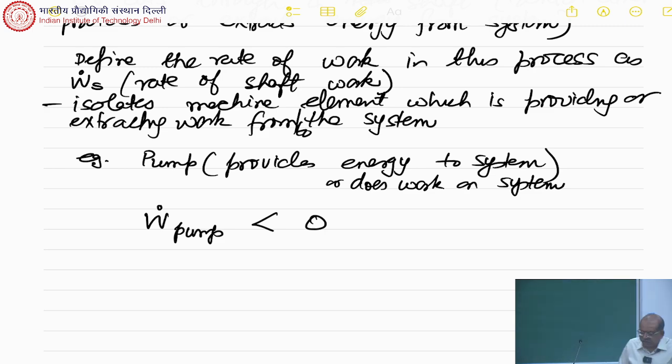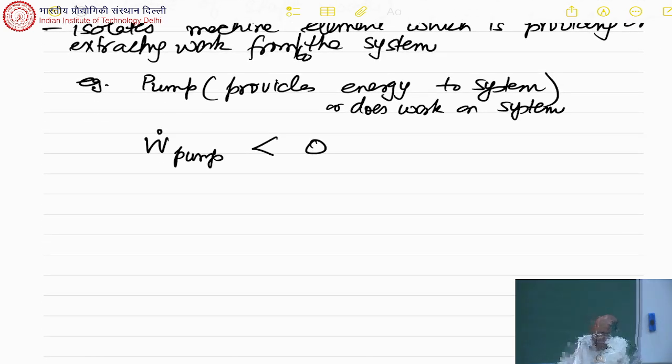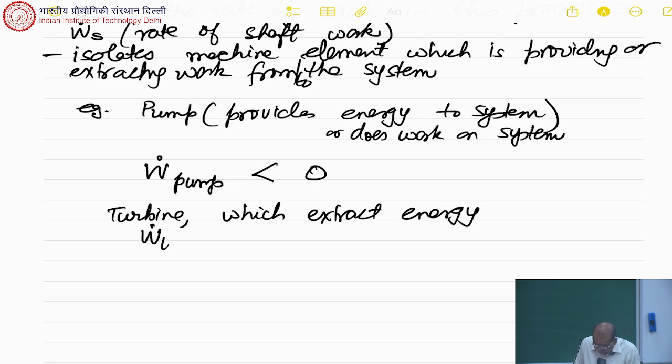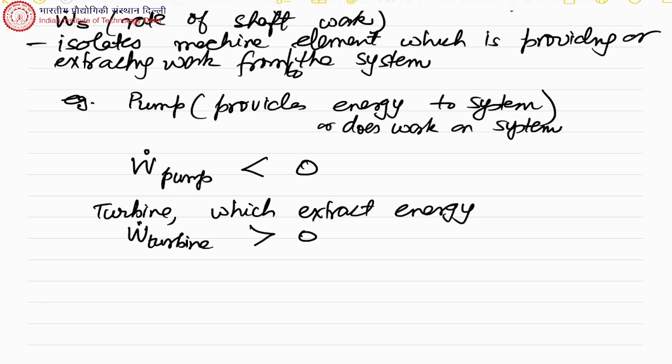Energy is being provided to the system. Or it could be a turbine type of machine which extracts energy, and then W dot turbine will be greater than 0. So, one of the works which comes because of interaction of the system with the outside is through this W dot S. And this will be an important component of work.